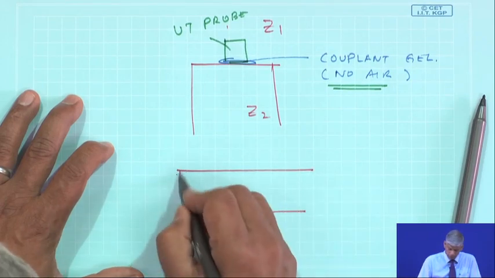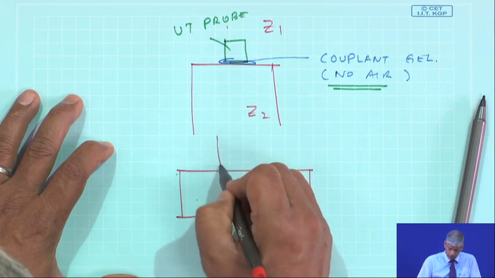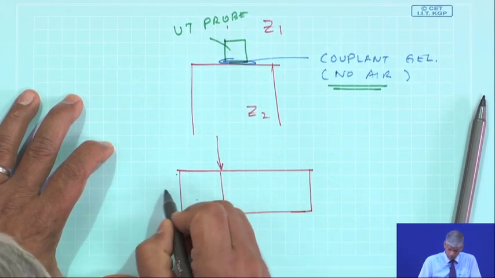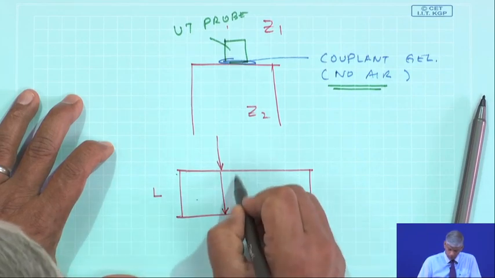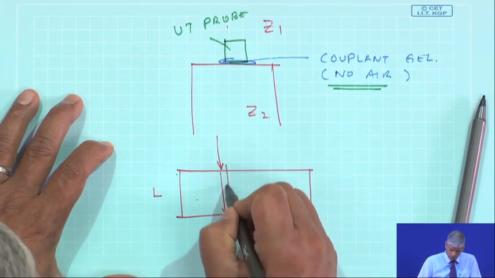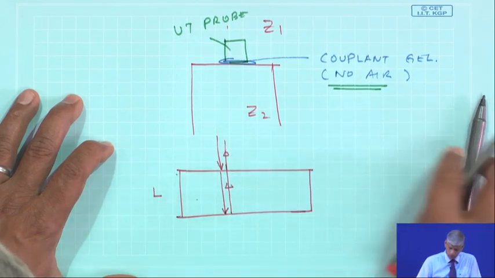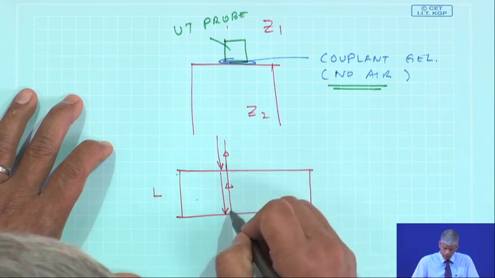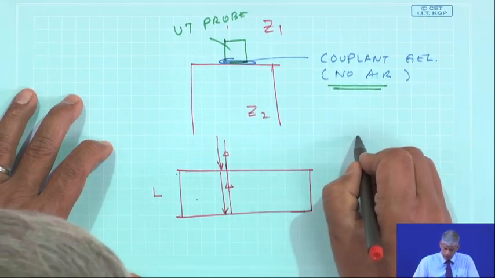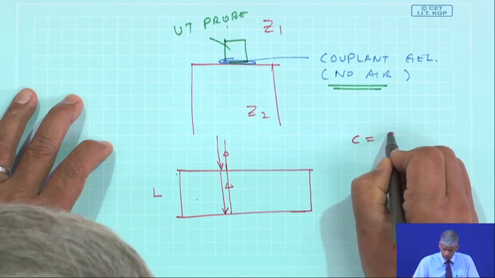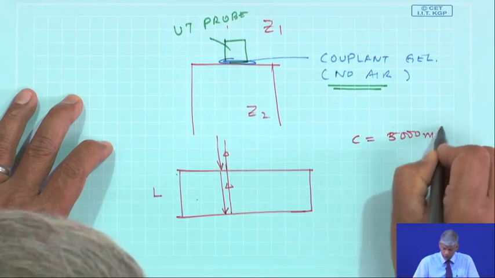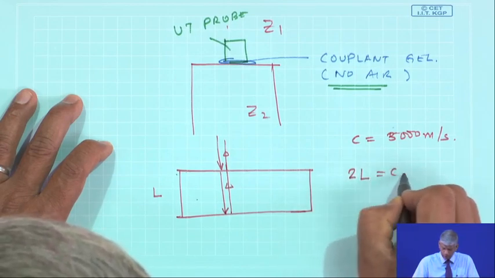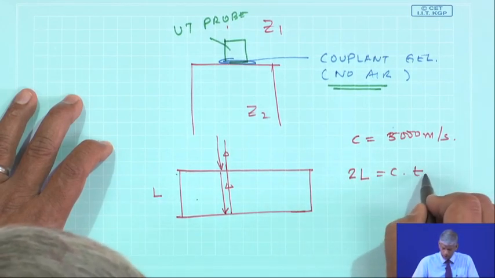If this is my material, and I am sending an incident beam, and this distance is L, this beam is going to get reflected back. By knowing the time period between the incident and reflected wave, and knowing C for steel is 5000 meters per second, twice L is C times T, where T is the time.